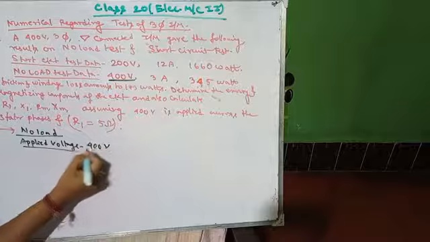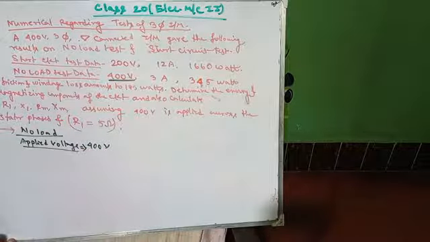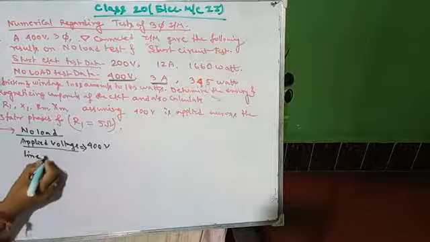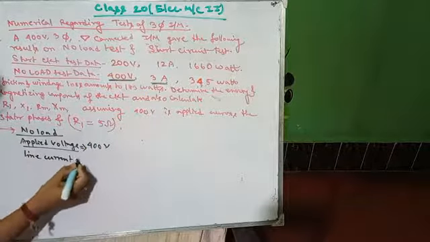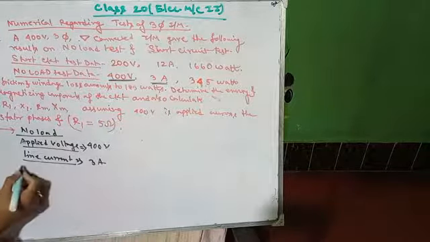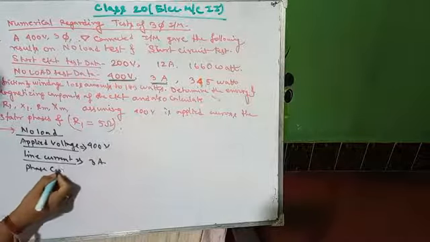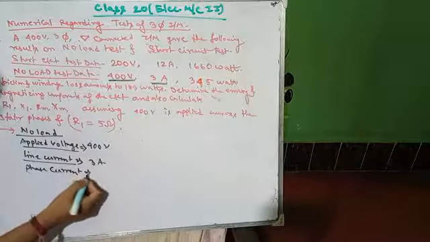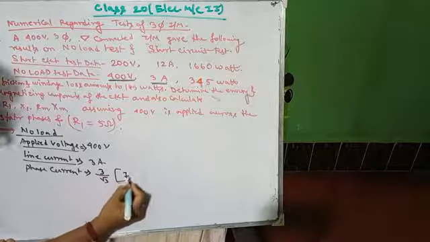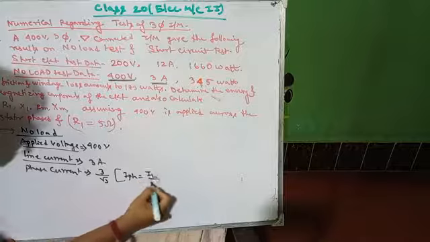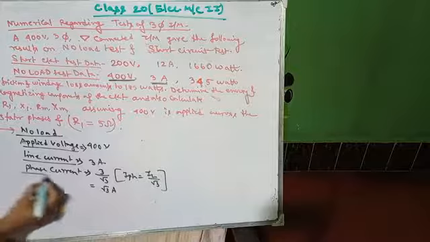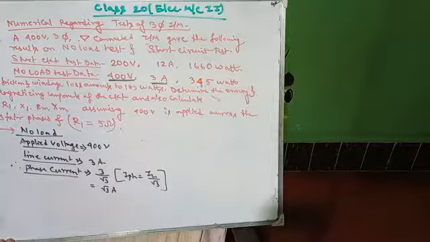The line current is 3 ampere. The phase current: as it is delta connected, the relation is phase current IPH equals line current IL by root 3, so the phase current is root 3 ampere.